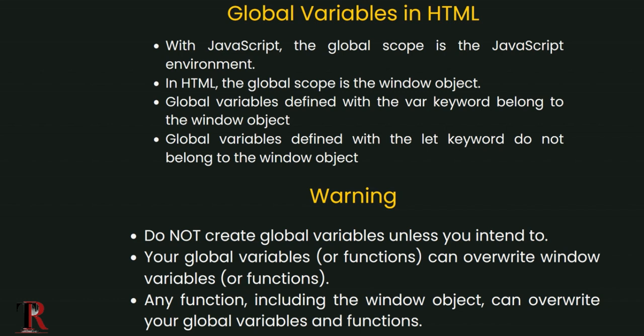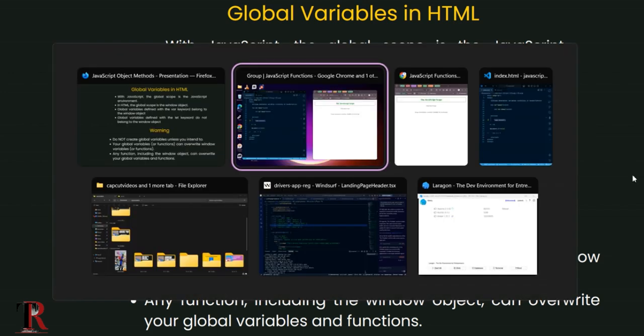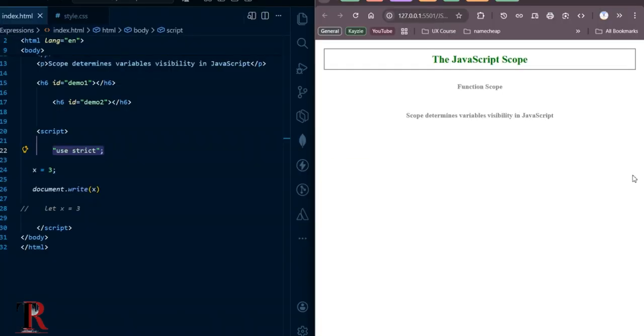Any function, including the window object, can overwrite your global variables and functions. And this along the way can begin to give you an inconsistent display of what you are trying to achieve initially.